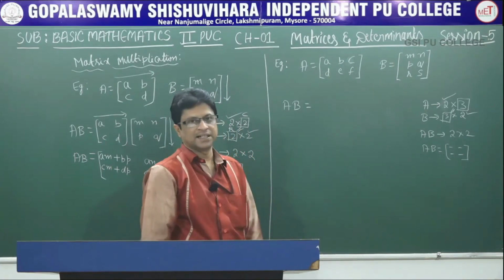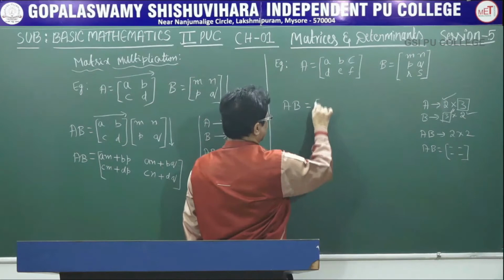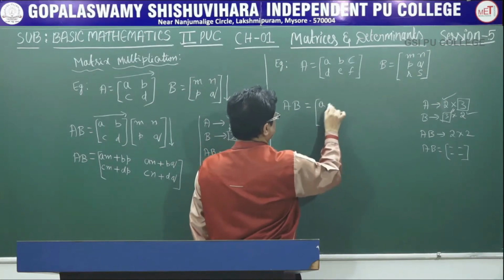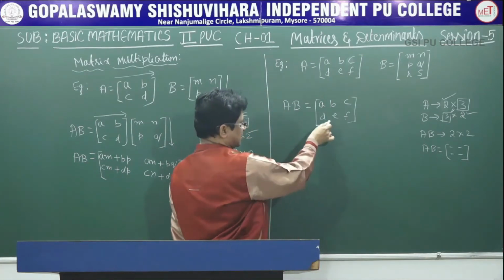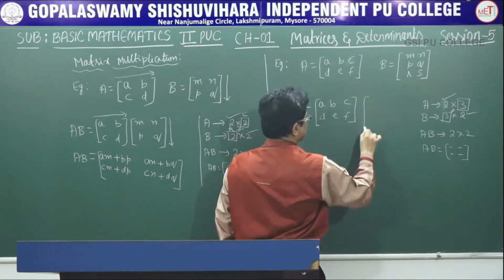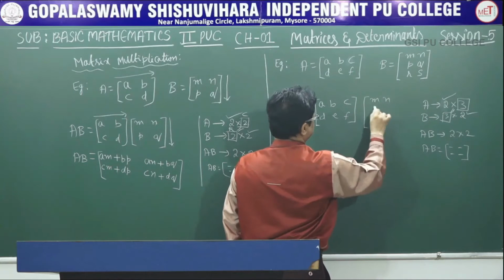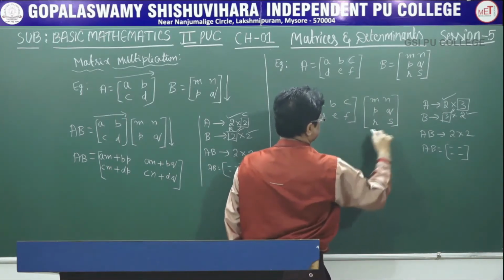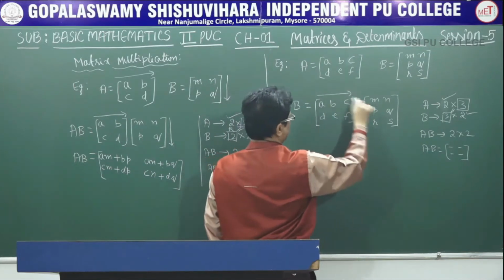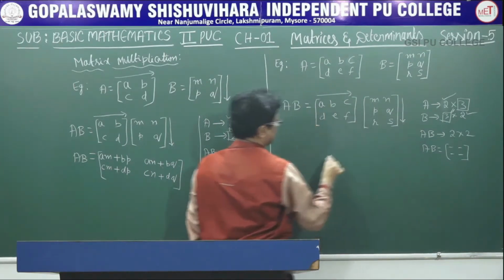these two matrices. So AB is equal to, so A, B, C, D, E, F. First we shall write matrix A, next we shall write matrix B. So the rule is row into column.